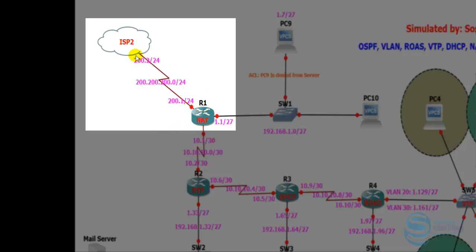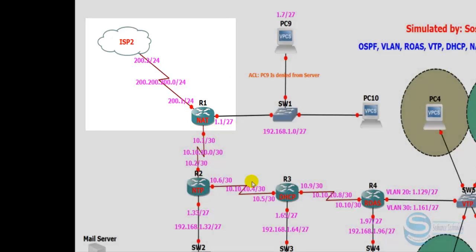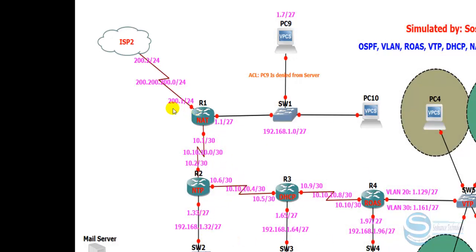But here you can see I have used the public IP address. And the protocol which is used is NAT, Network Address Translation, which translates all the private IP addresses within this network to this public IP address. Whenever we want to access, let's say, the WAN, the internet, we need to use the public IP address.